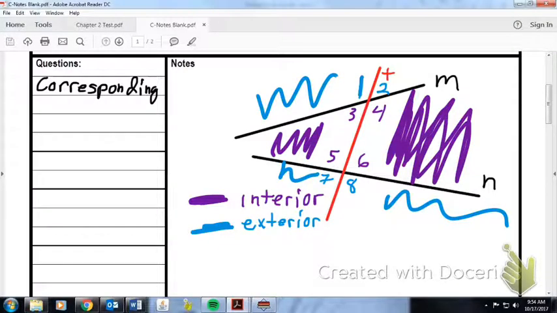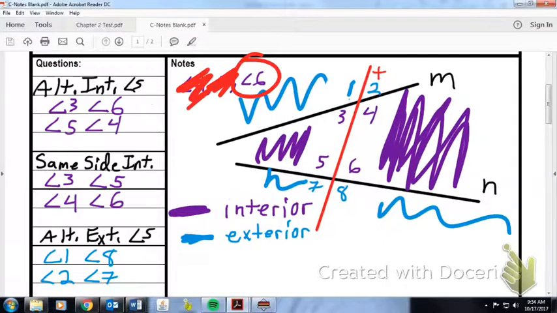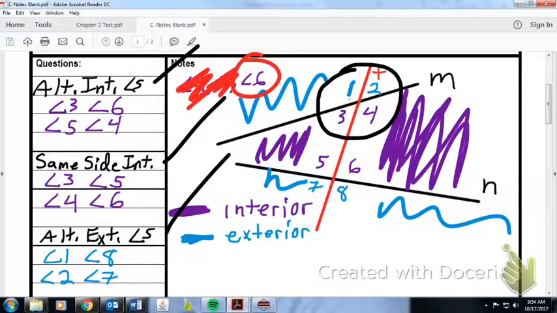Let's look at the definition of corresponding angles. Corresponding angles are angles which are on the same side of the transversal and in corresponding positions. So when we're doing this, it bears remembering that whenever we're talking about these angle pairs, whether it is, let's look back here, alternate interior angles, same side interior angles, or alternate exterior angles, we're taking one from each of the groups of intersections.